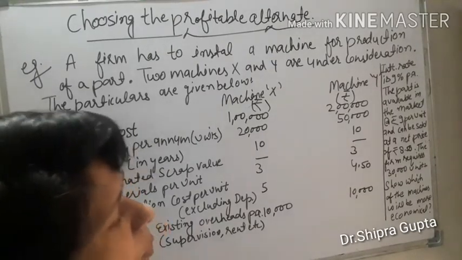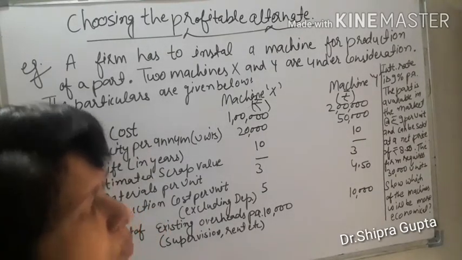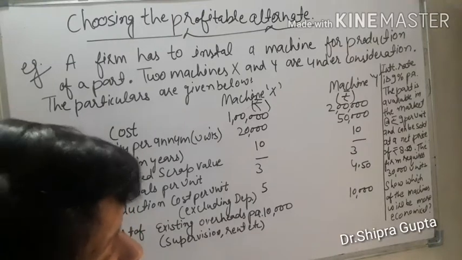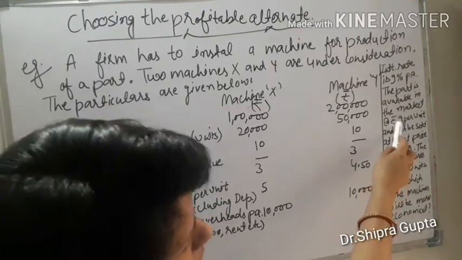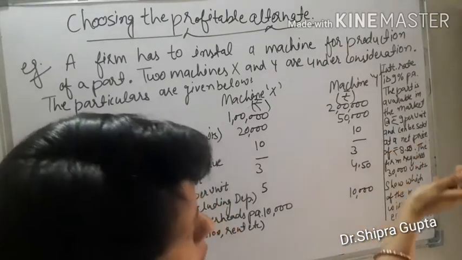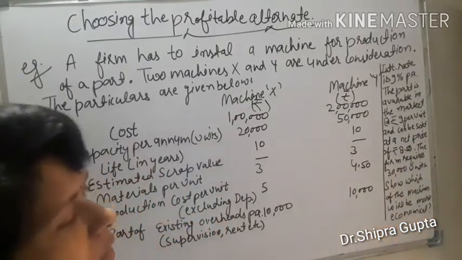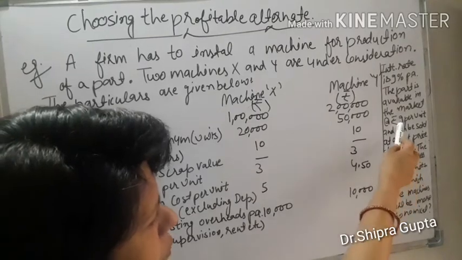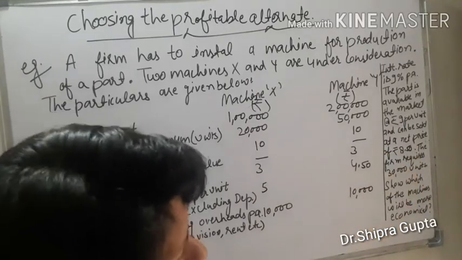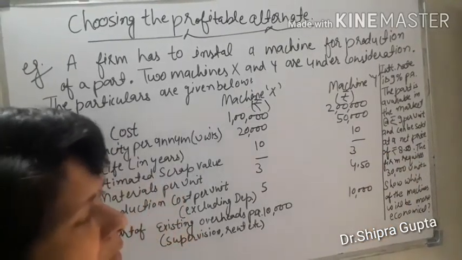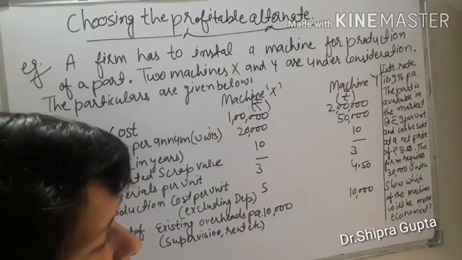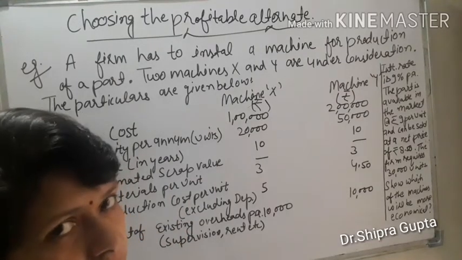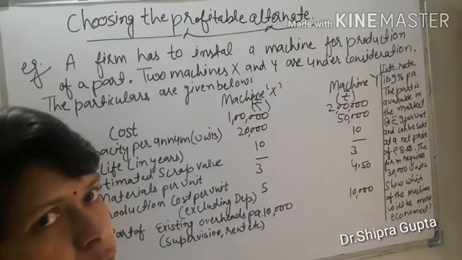It means if we purchase this part from the market, it will cost us rupees 9 per unit, and if we sell this unit in the market, the selling price will be rupees 8.50. This is the buying price and this is the selling price. The firm requires 30,000 units. Show which of the machines will be more economical or more beneficial. So we will do this question.